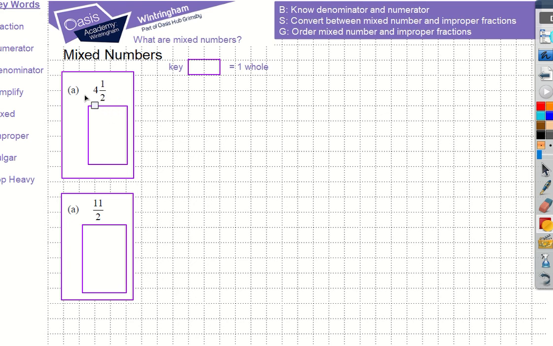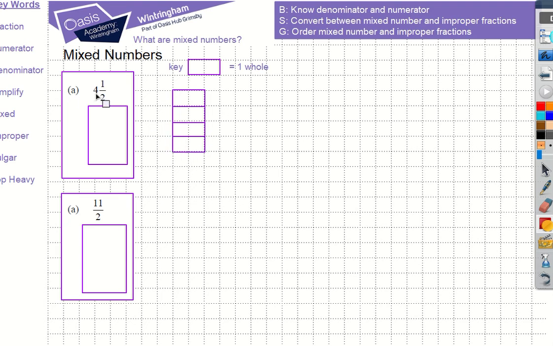Having a look at this example then, we've got 4 wholes and an extra half. So what I need to have a look at then is, if this here represents my 1 whole, which is 2 squares, I chose that because I've got a denominator of 2, I need 4 bars because I've got 4 whole numbers to the left here.